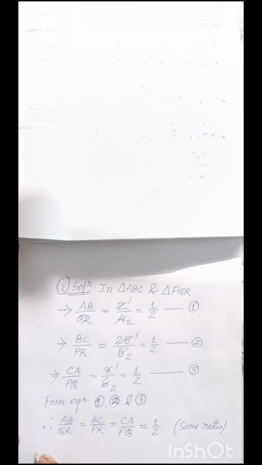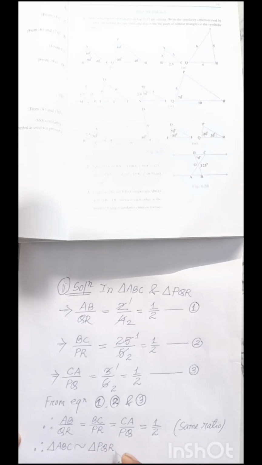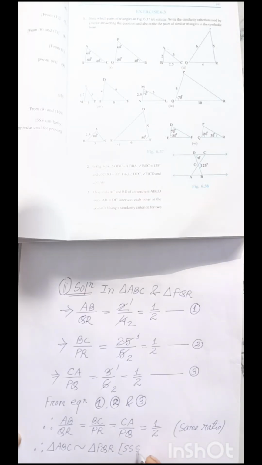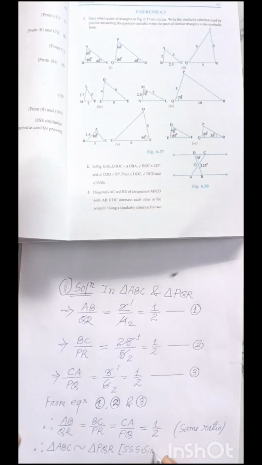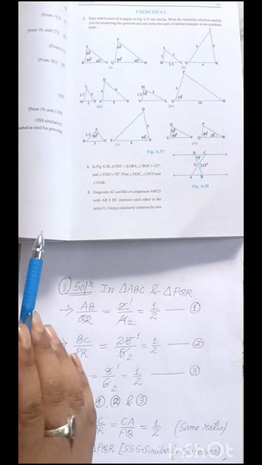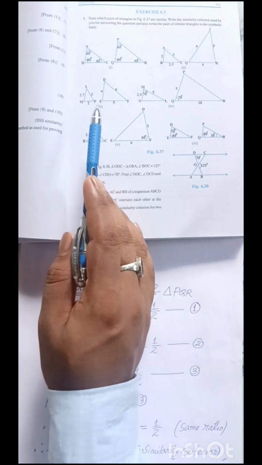I have got the same ratio, so I can write, therefore, triangle ABC is similar to triangle PQR by side similarity criterion. Now we will solve question number 3.